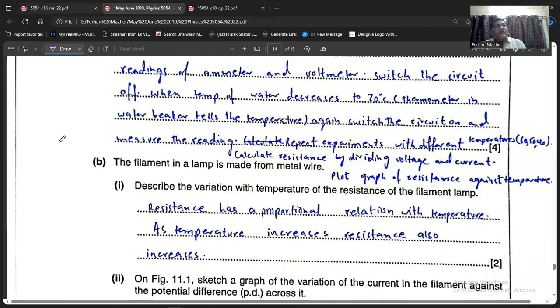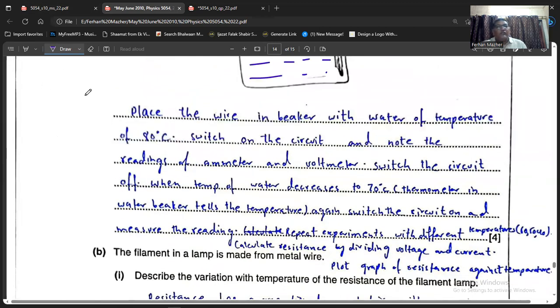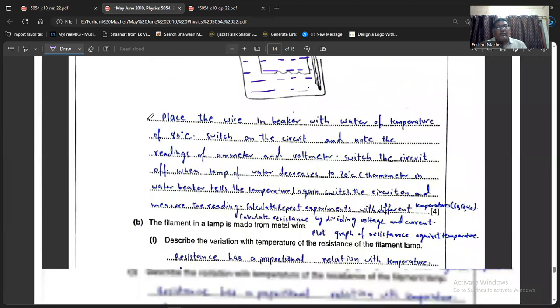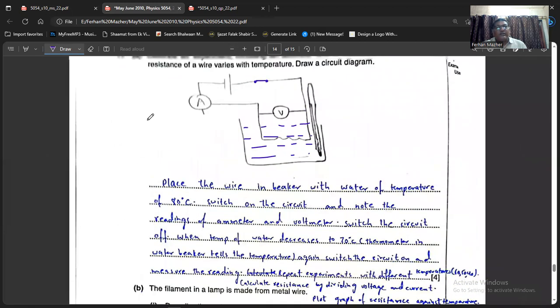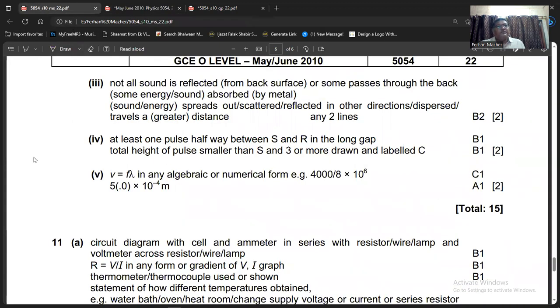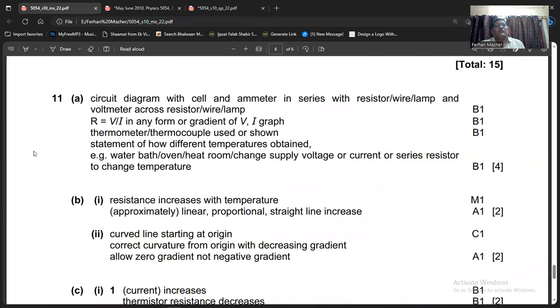Okay, so this is our answer. Let me show you how it can be. Now I think you can see the whole question. What the marking scheme says is: circuit diagram with cell and ammeter in series with resistor, wire, lamp, and voltmeter across resistor.